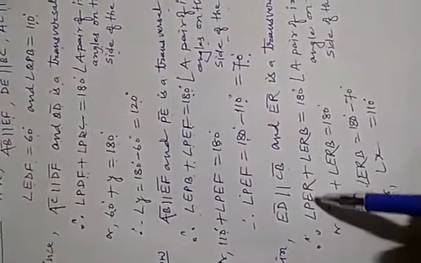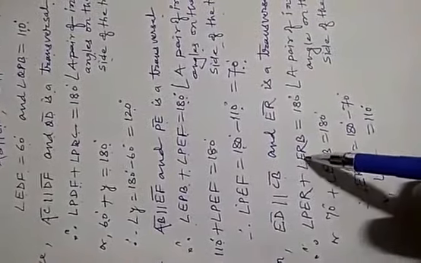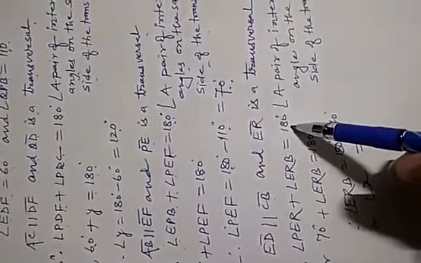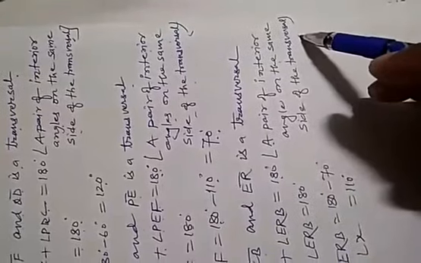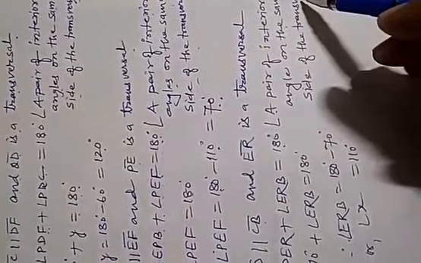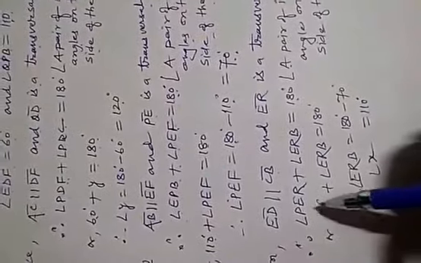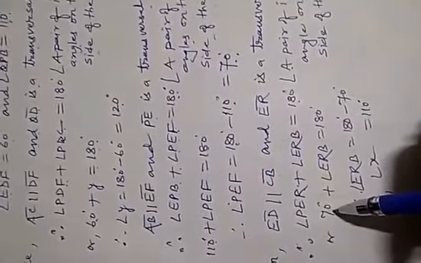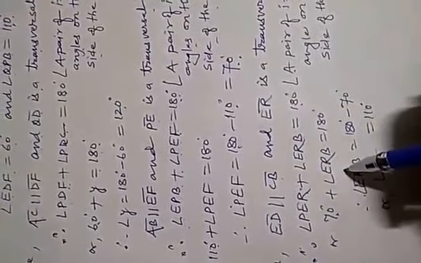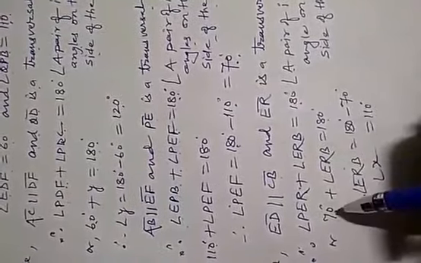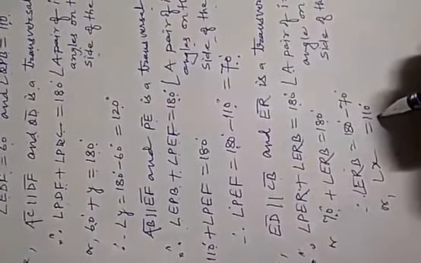Therefore, angle PER plus angle ERB is equal to 180 degrees. Similarly, a pair of interior angles on the same side of the transversal. Therefore, angle PER is equal to 70 degrees and angle ERB is equal to 180 degrees minus 70 degrees, which is equal to 110 degrees.